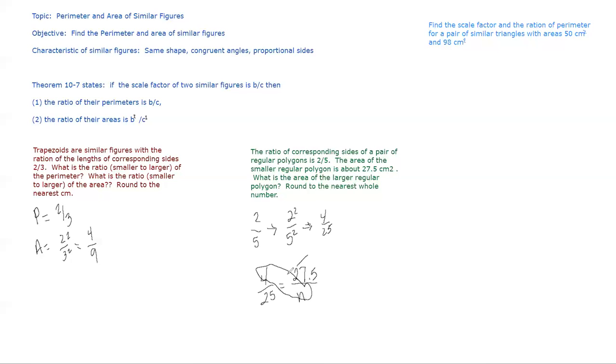I'm going to get 4n and then 25 times 27.5. Then I'm going to divide both sides by 4. And that's going to give me that n is 171.875, so 172. All right, so that's the area of my larger polygon.